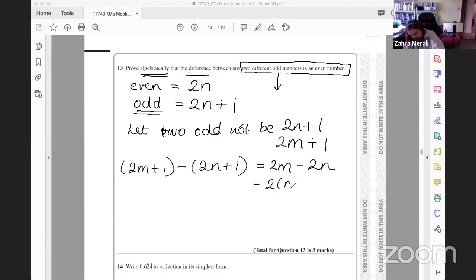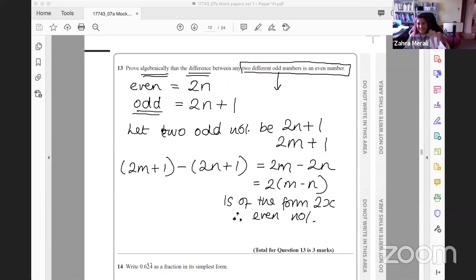I can take a 2 outside the bracket, and then we say it is of the form 2 something, so 2x, therefore, those 3 dots mean therefore even number. We don't need to write a big long essay, but because we can take 2 outside the bracket, it's definitely an even number. Okay.